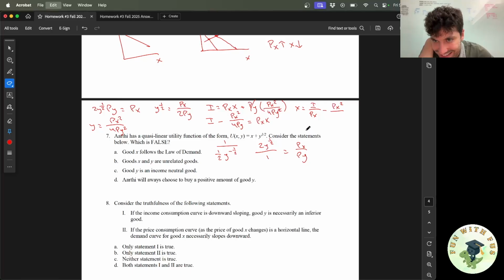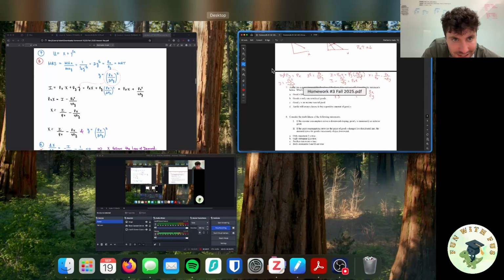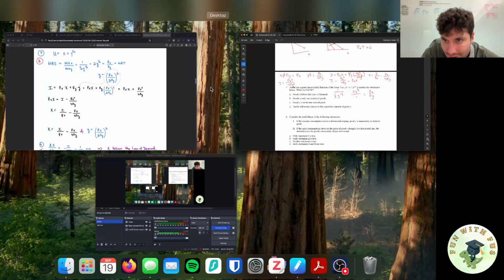Okay, in my head, I just had an awesome revelation that this square will cancel because I'm dividing by px. So 4py. And hopefully, x is equal to I over px minus px over 4py.